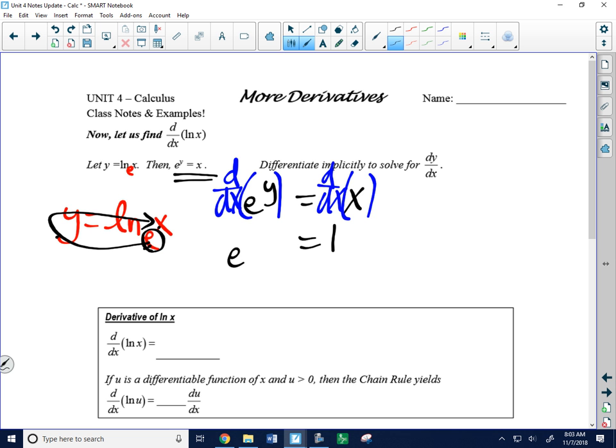So I treat it like e to the x, it'd be e to the x, in this case e to the y, times the inside, the g part, is y. And so the derivative of that is dy dx. So really, derivative of e, kept the g, which was y. Then here's where I usually draw an arrow, times the derivative of y, which is dy dx.